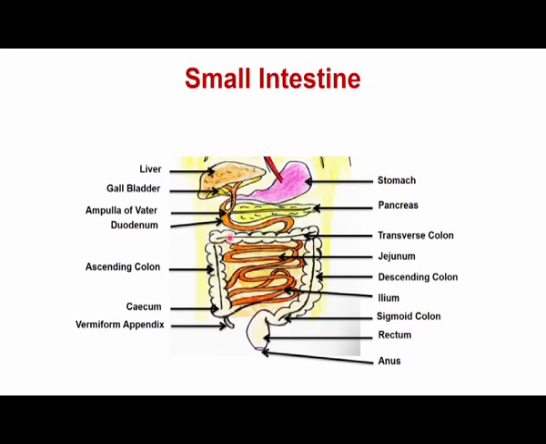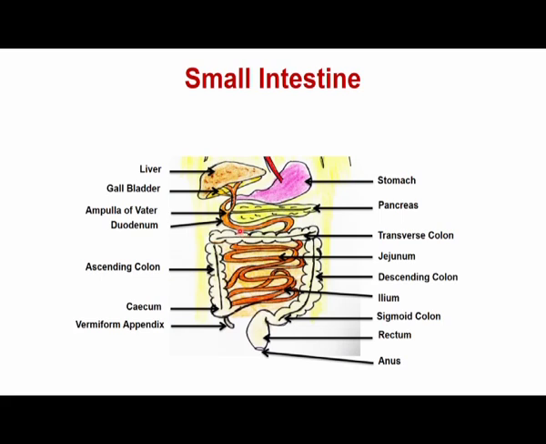A common bile duct, which can take the digestive enzymes from the bile and gallbladder, or the digestive enzymes from the pancreas, opens into the duodenum, and this opening is called the ampulla of Vater.